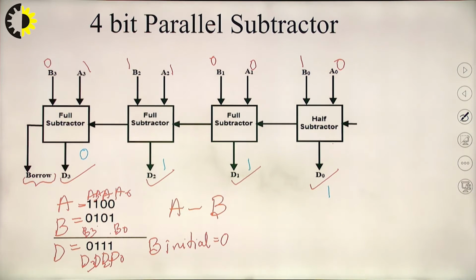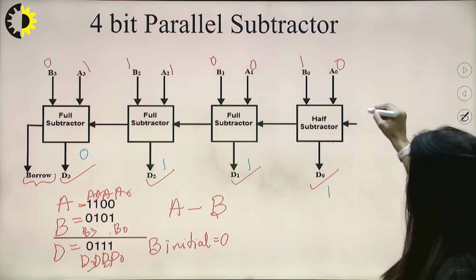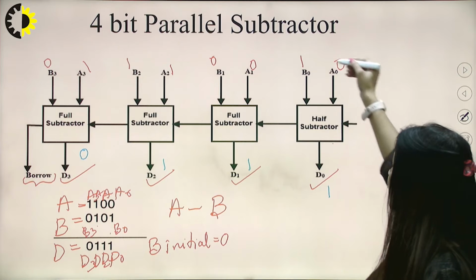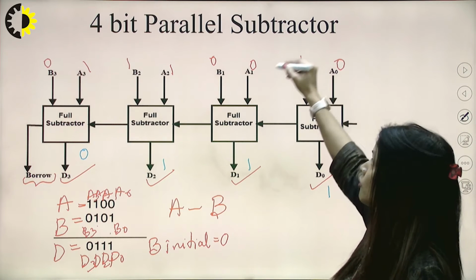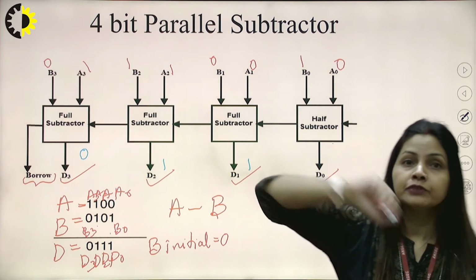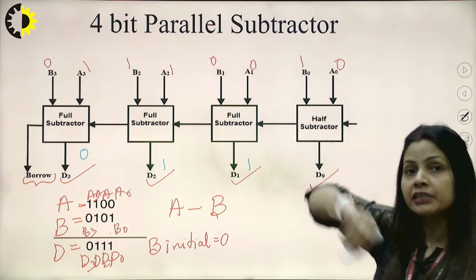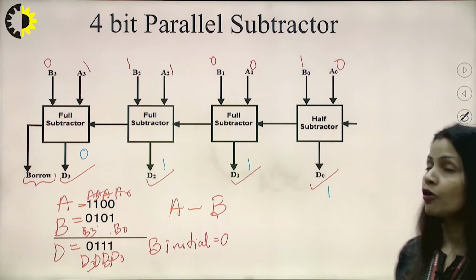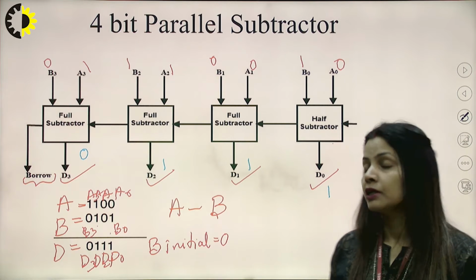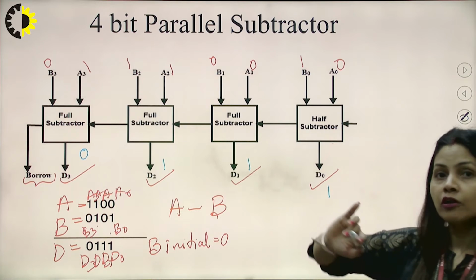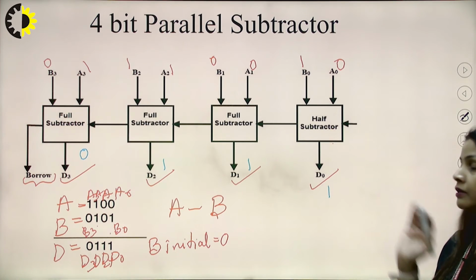How is this coming? The initial borrow is 0, or you can say it is nothing. So 1 and 0 XOR. We know that in the subtractor circuit, the difference comes out by XORing the inputs. So here 1 and 0 XOR would be 1.